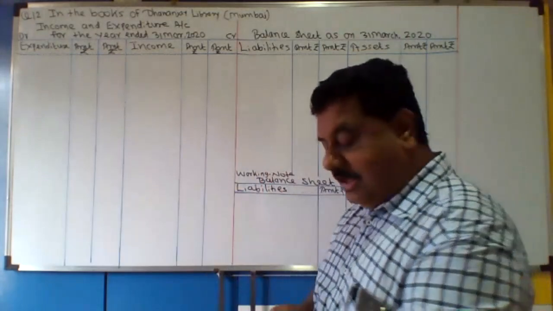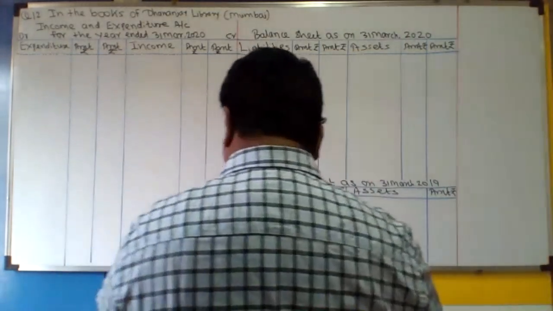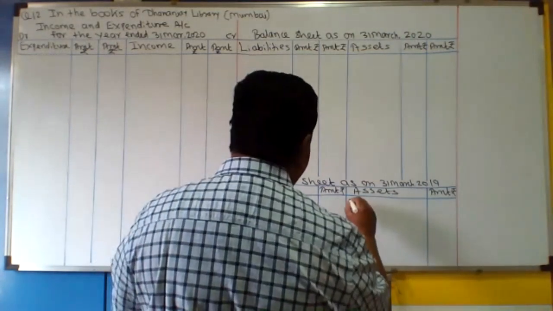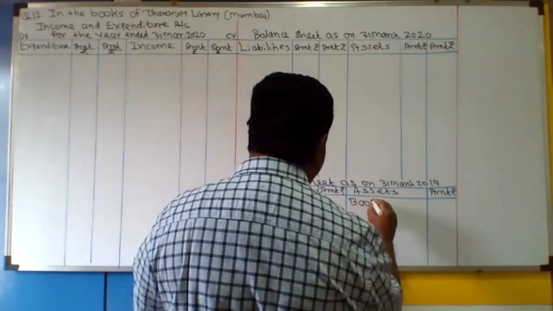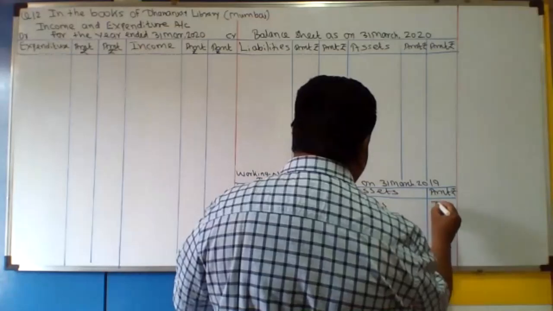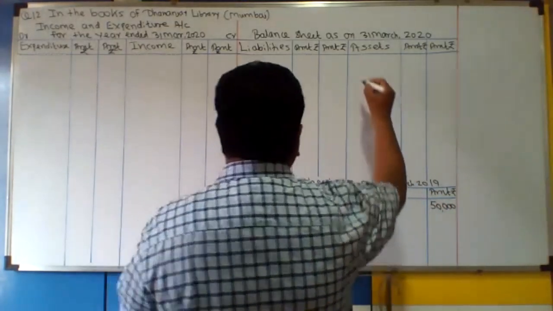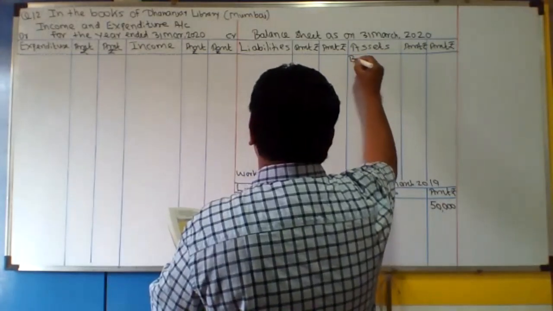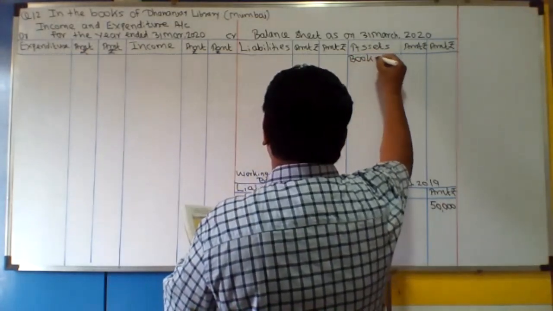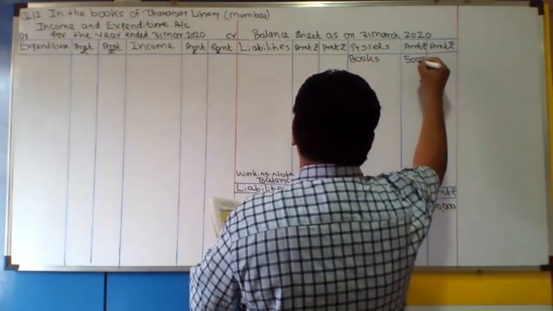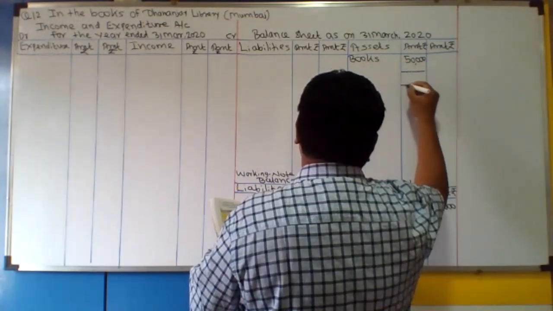The library had the following assets: books are rupees 50,000, to be recorded in the last year balance sheet assets. There is only one column, so it will come in one column, and in the current year balance sheet assets in the inner column. Here you need to leave 2 lines in this way.